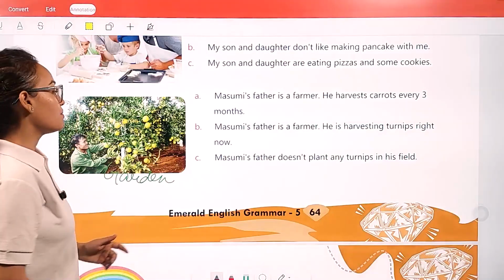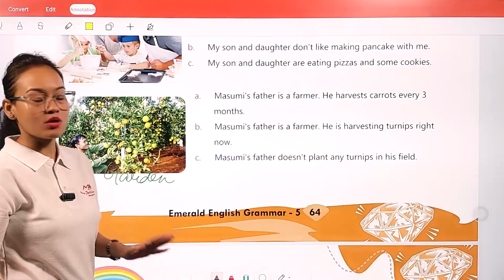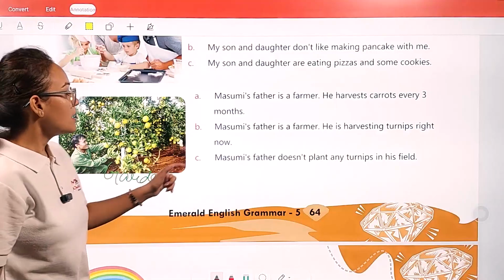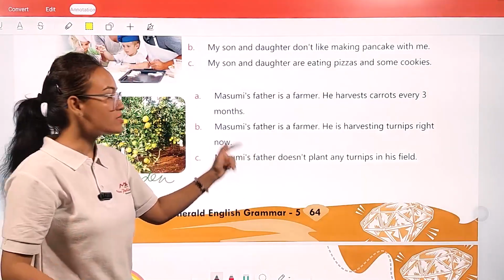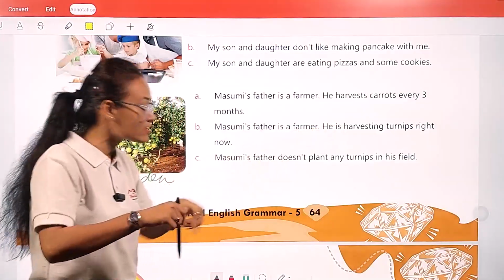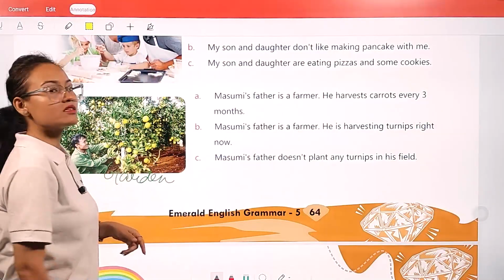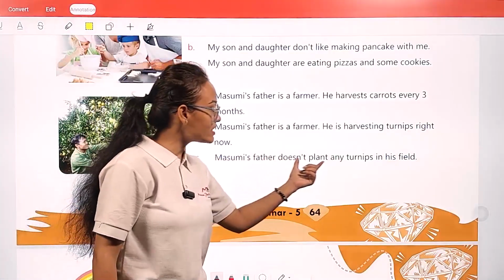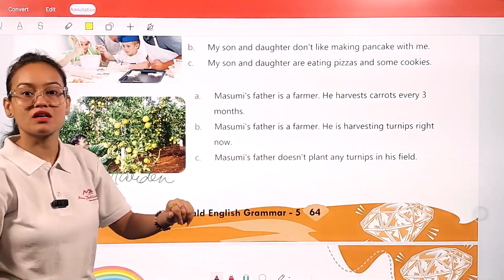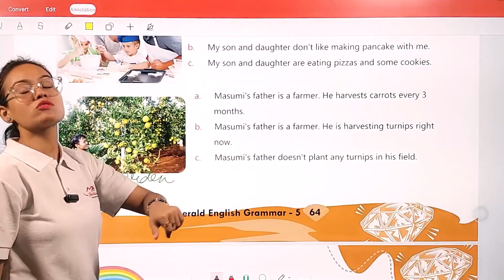Okay. See, B and C are absolutely wrong because according to B, Mausumi's father is a farmer, right? But the second one, he is harvesting turnips right now. In this picture, you can see that they are not turnips. Third one, Mausumi's father doesn't plant any turnips in his field. Okay, this sentence is also wrong.